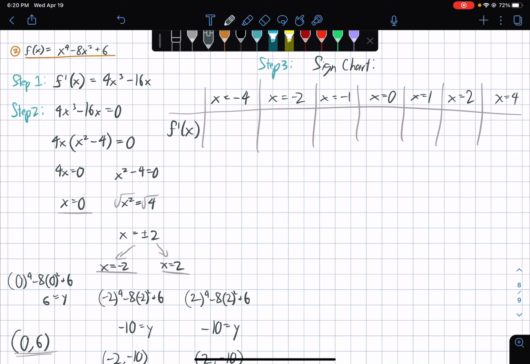Okay, so let's use the derivative to find whatever that value is if we sub the x with whatever the test point quantity is. So 4 times -4 raised to 3 minus 16 times -4. This is -192.